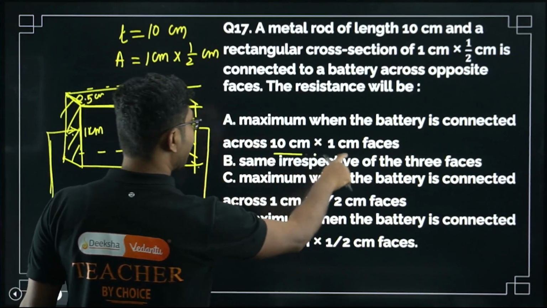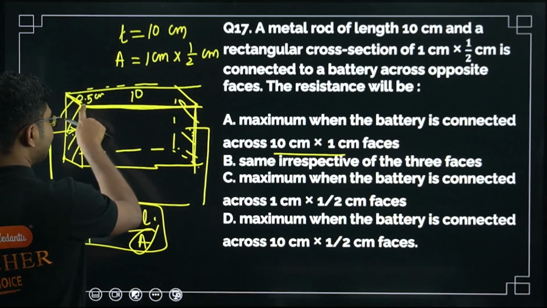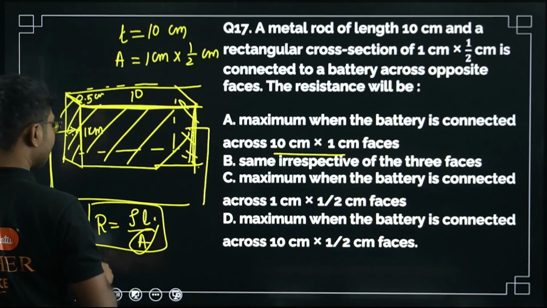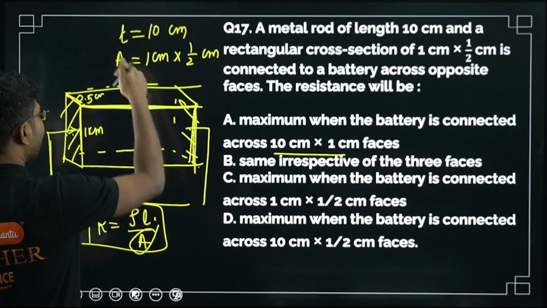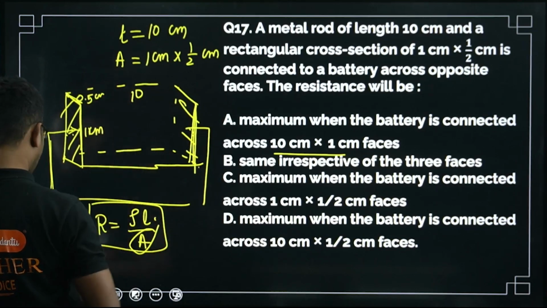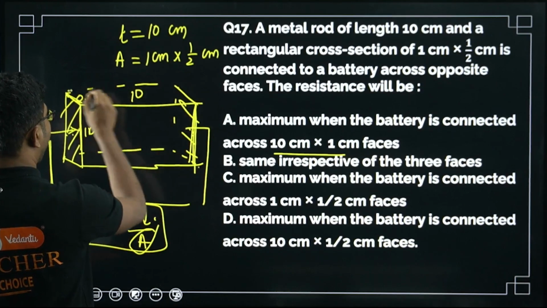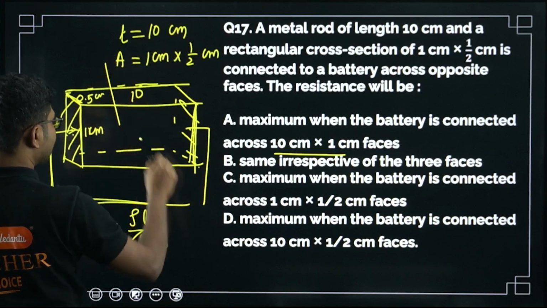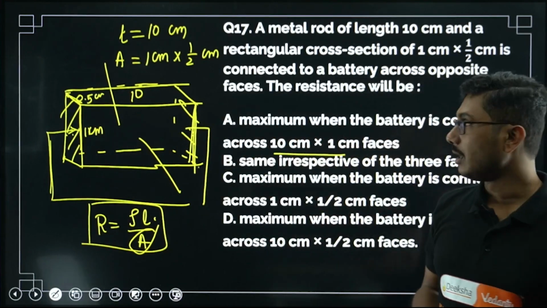So 10 centimeter into 1 centimeter means this is 10 centimeter, this is 1 centimeter. If you connect the battery across this surface, definitely this is not the perfect one. If you connect the battery from this side and the other side, then definitely it will not have the highest possible resistance.